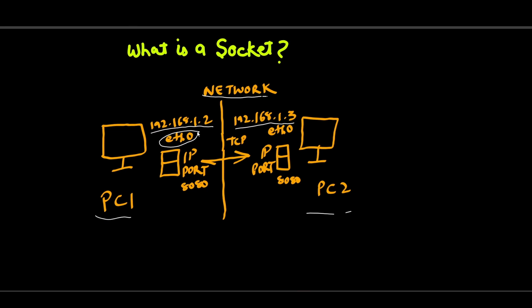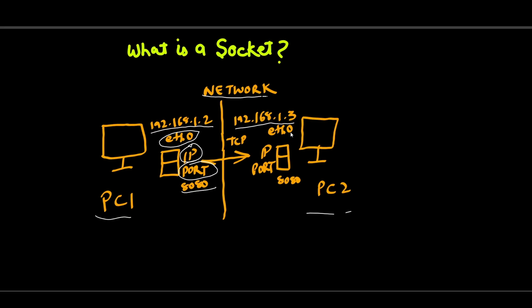Every PC in the network has an IP and a port. The application running on this system can take this IP, and the application is bound to certain ports, for example 8080. From this IP and port, the socket will send a message to another PC on the same network.